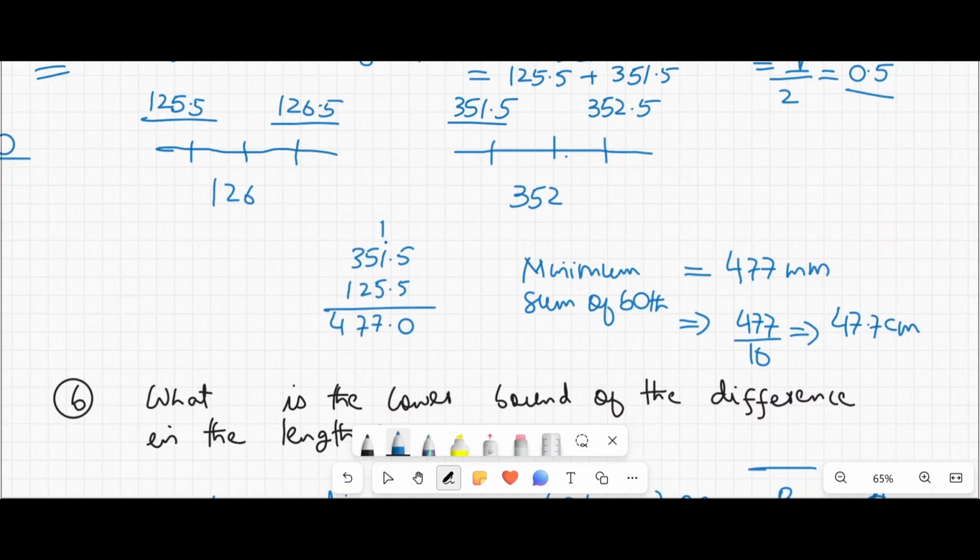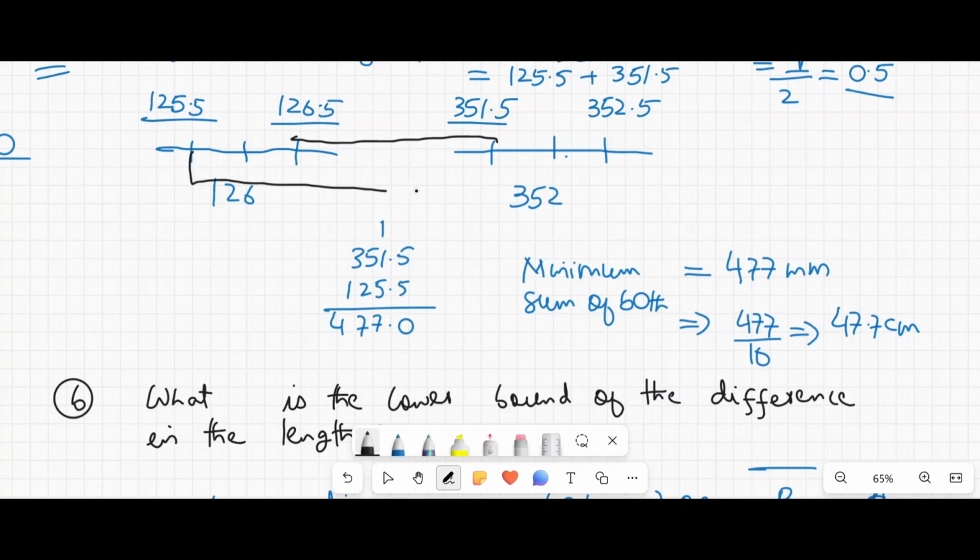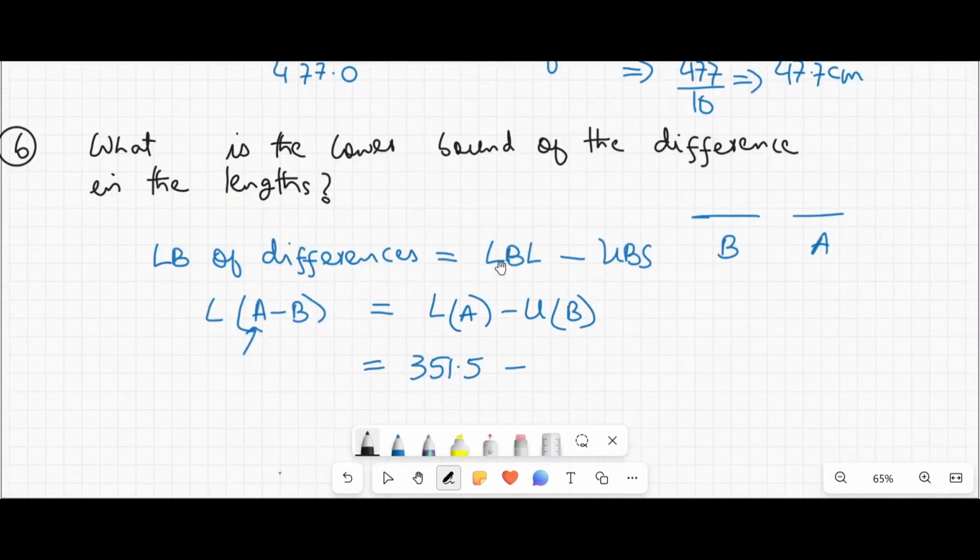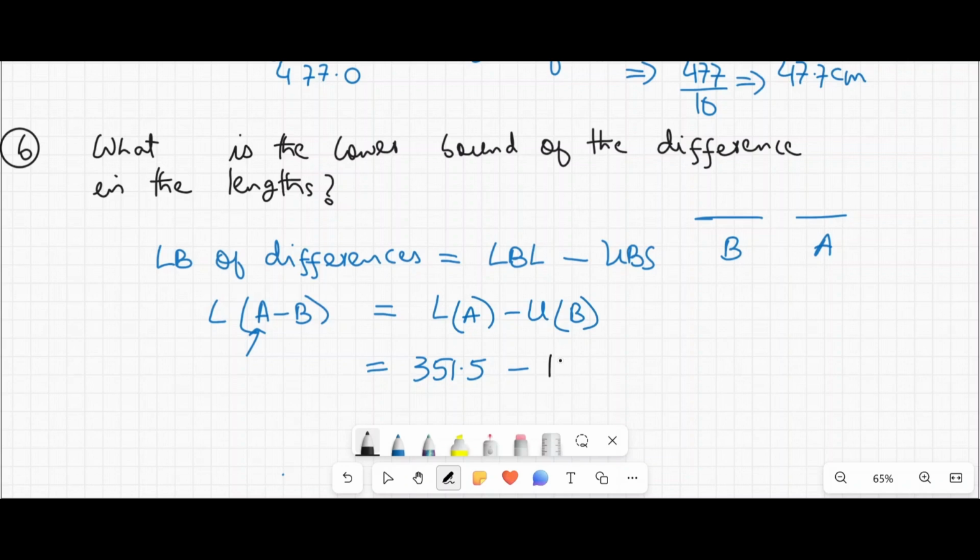So here you can note easily this is the lower bound of a difference. Now this length is smaller than this length, because we are finding this length.